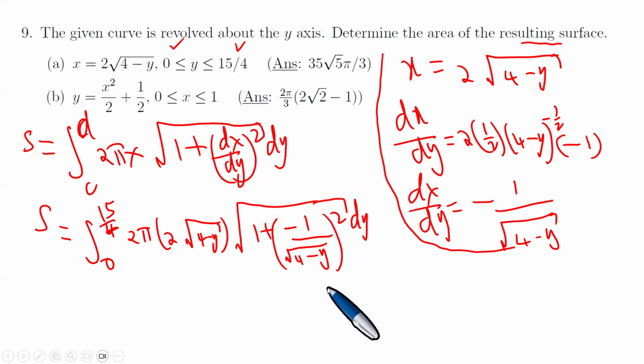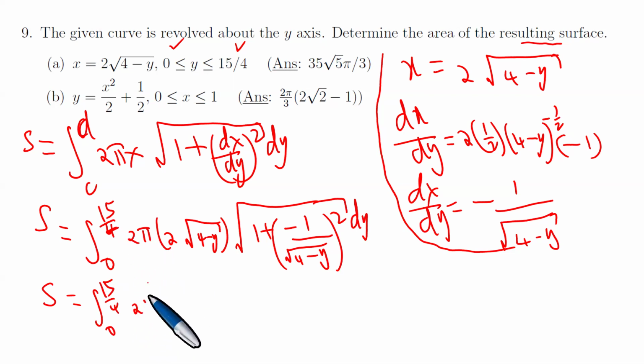Okay, we continue. A careful look at this reveals something interesting. Therefore, the area of the surface is the integral from 0 to 15/4. The 2 pi times 2 will give us exactly 4 pi, the square root of 4 minus y.